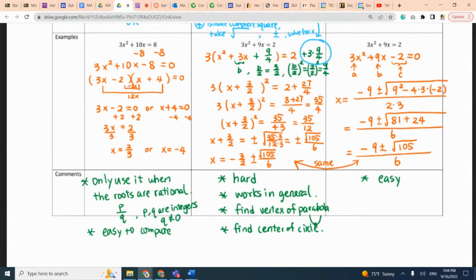Okay, everybody? So the factoring only works when you have rational roots. If your roots are irrational or complex numbers, then the factoring does not work. Okay, everybody?